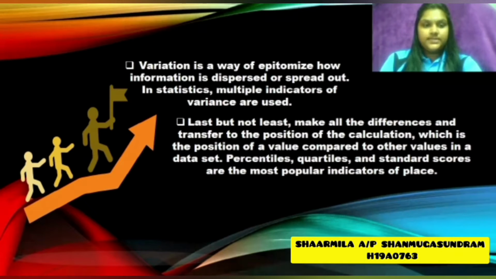Last but not least, measures of position, which is the position of a value compared to other values in a data set. Percentiles, quartiles, and standard scores are the most popular indicators of position too.